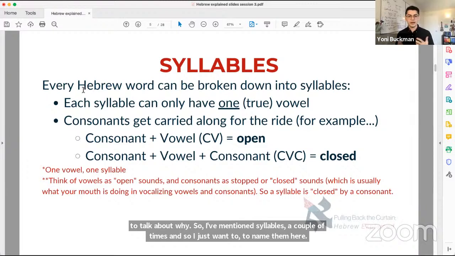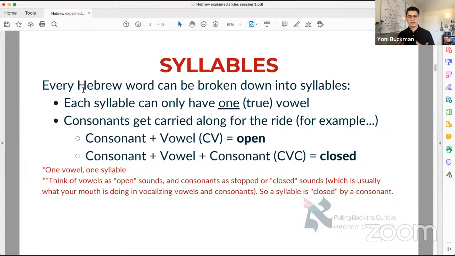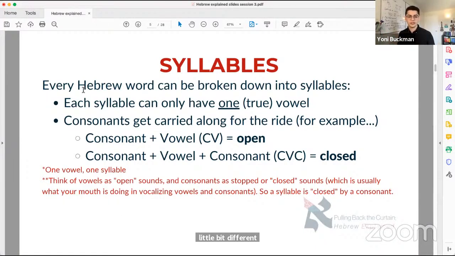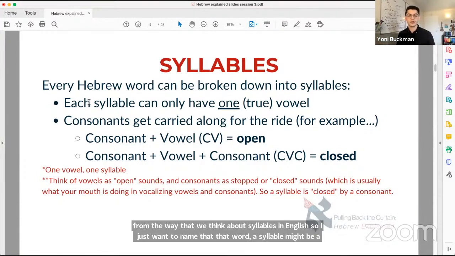With English, I like to liken it more to the concept of a beat, but in Hebrew, the concept of a syllable is a little specific. Each syllable can only have one true vowel. So if you see a Hebrew word and count the true vowels, that's the number of syllables the word has.